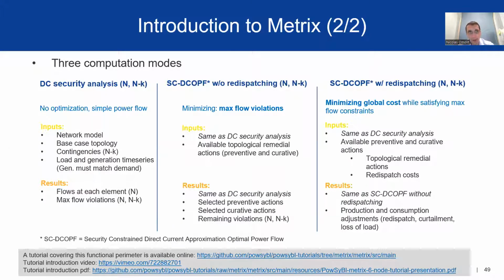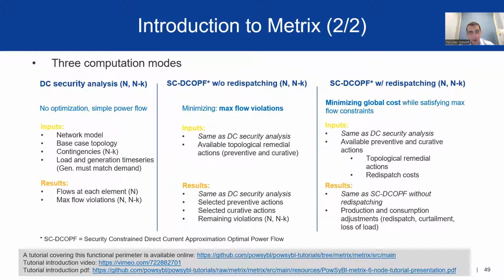So there are three computation modes. The simplest one is a simple DC security analysis. It's a simple DC power flow, a very fast one. As input, you've got the network model, the base case topology, the contingencies, and the load and generation time series, with generation that must match demand.